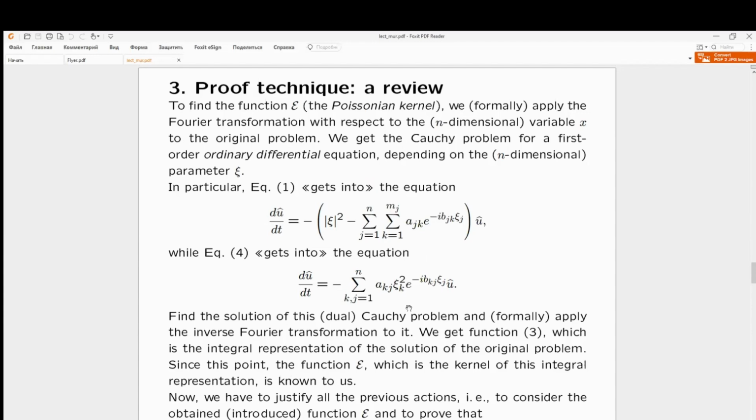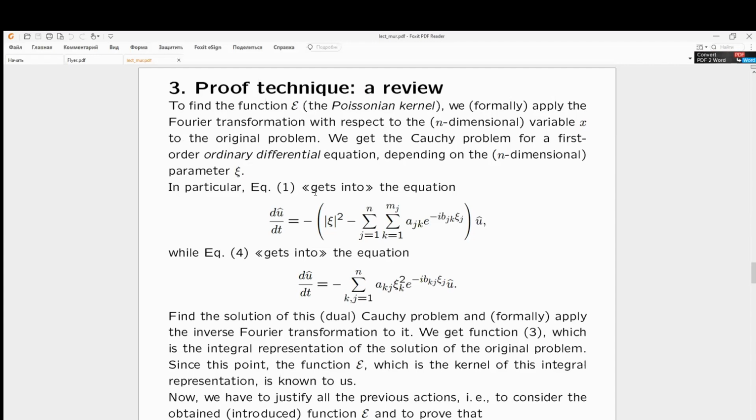So what is the proof technique? To find the Poissonian kernel, we formally apply the Fourier transformation with respect to the n-dimensional variable x to the original problem. And we get the Cauchy problem for a first-order ordinary differential equation. So look, we had a partial differential difference equation.